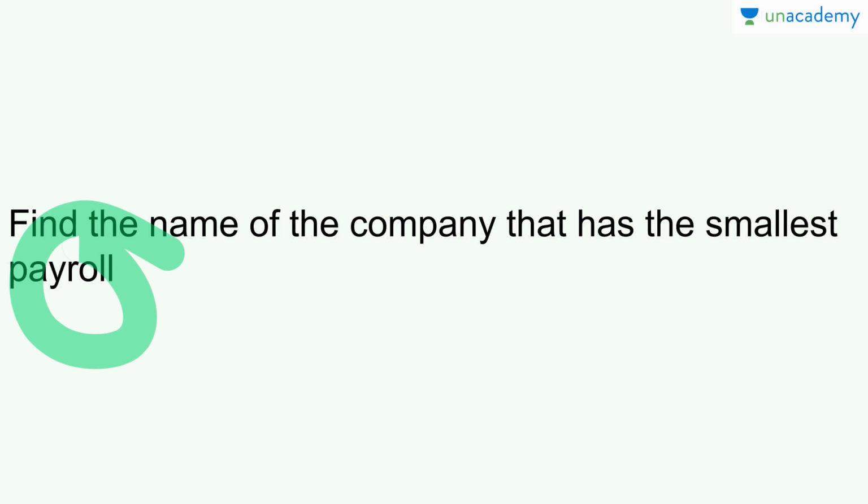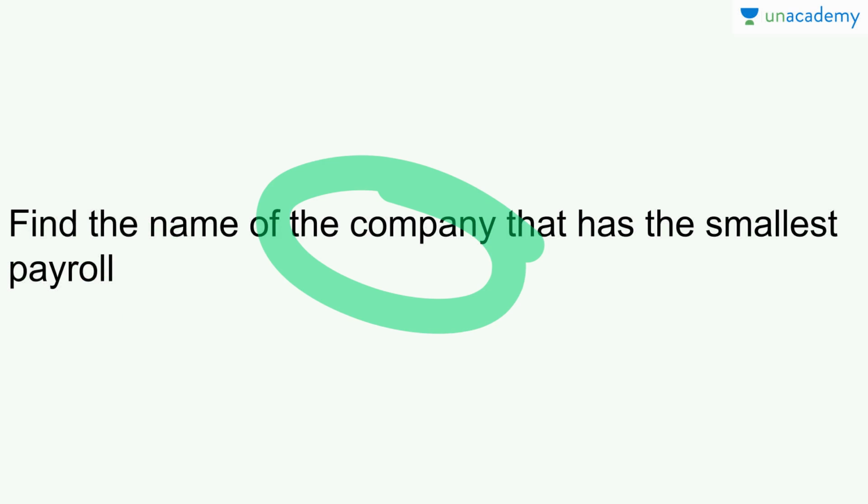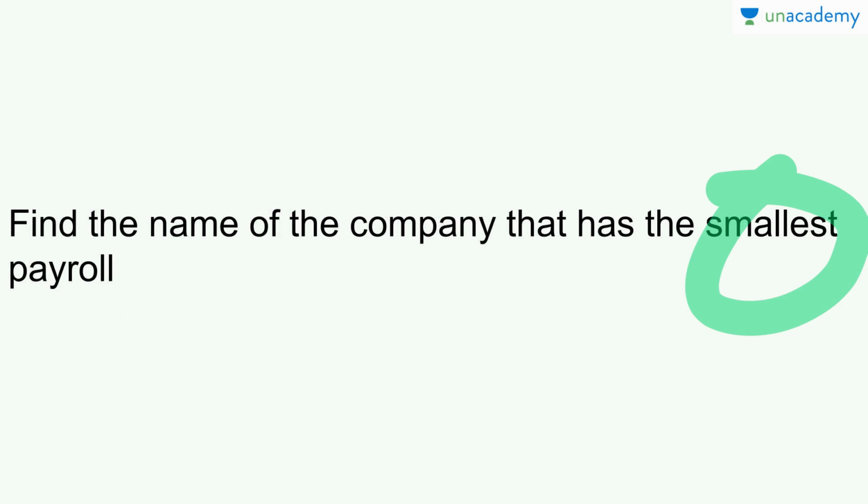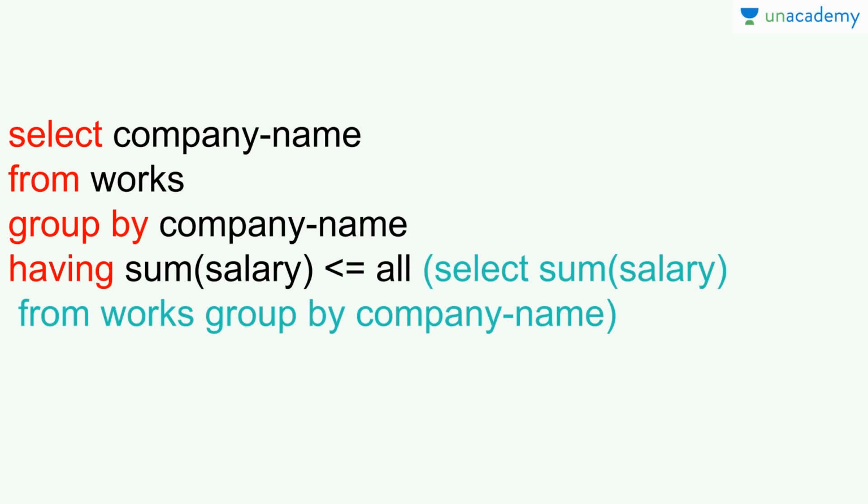Okay, so we have to find that company which has the smallest payroll. So what we have to do, first group by company and find the sum of all the salaries of its employees.